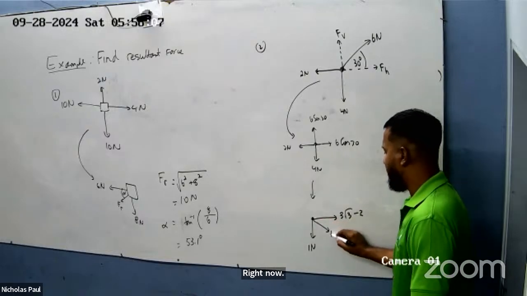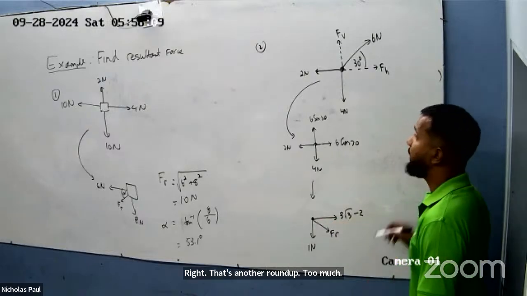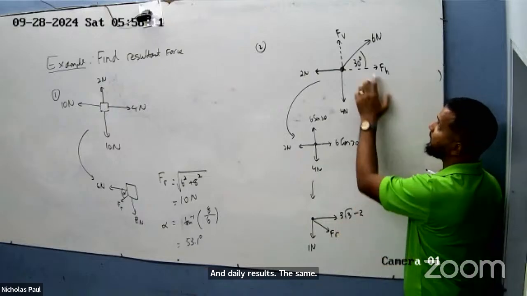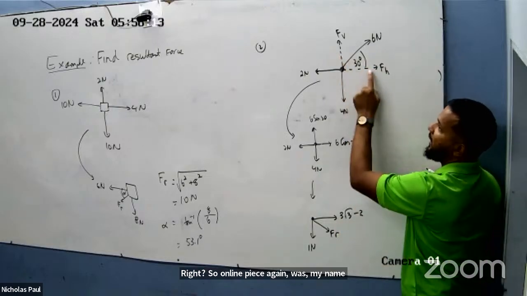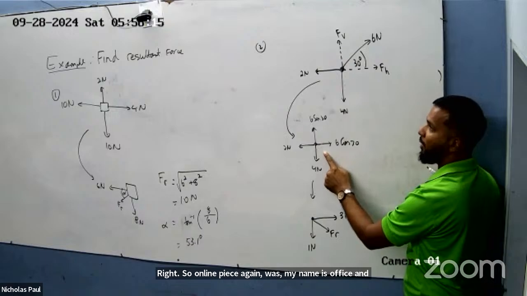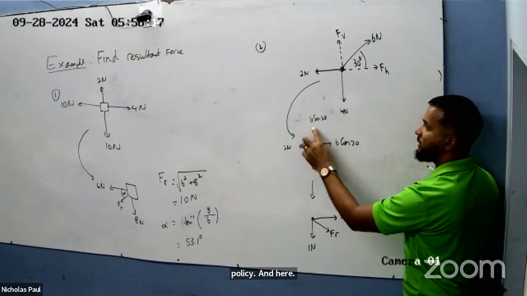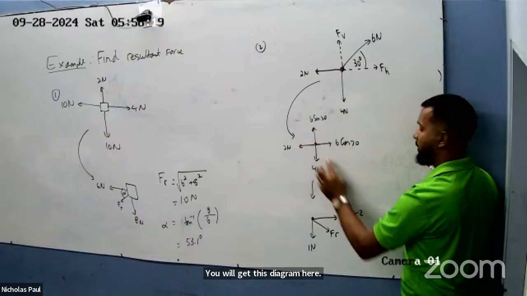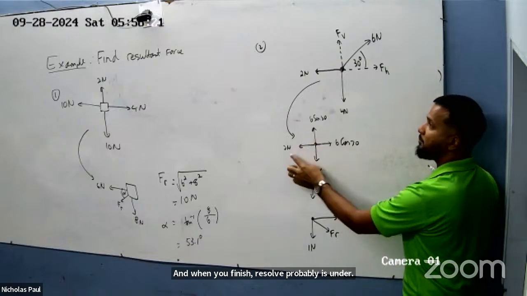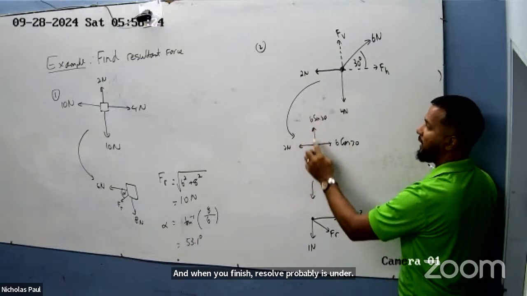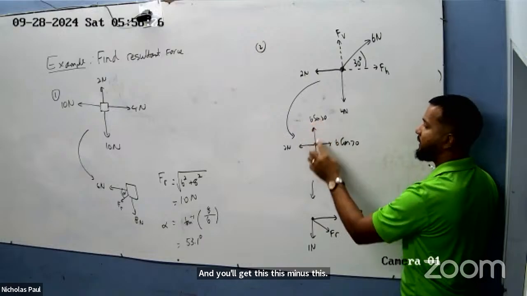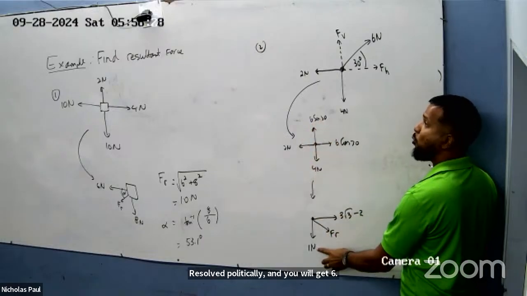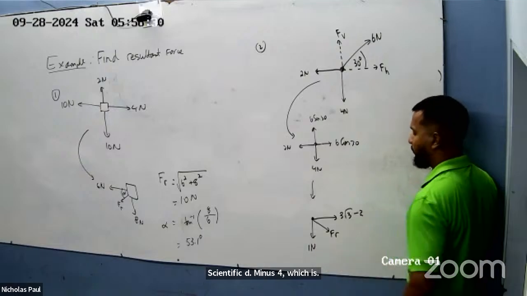And then the resultant forces here. Right? So online, in case you get lost, when you resolve the 6 Newton force here and here, you will get this diagram here. And when you finish, resolve horizontally, and you will get this minus this, resolve vertically, and you will get 6 sine 30 minus 4, which is 1 acting downward. Right?